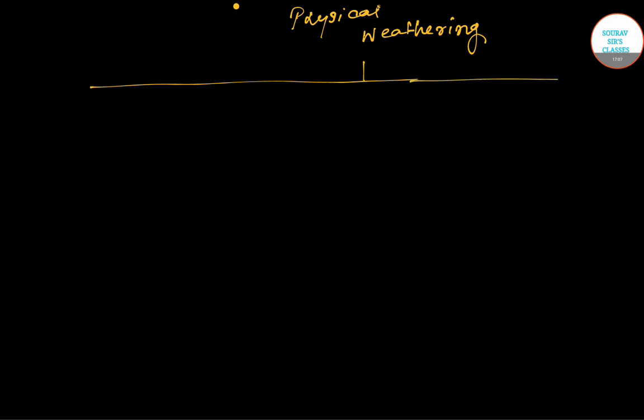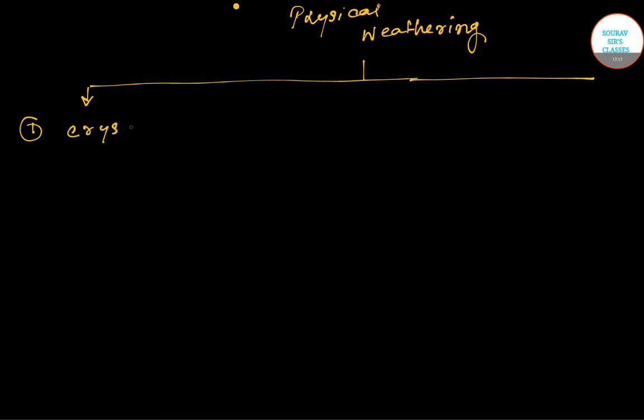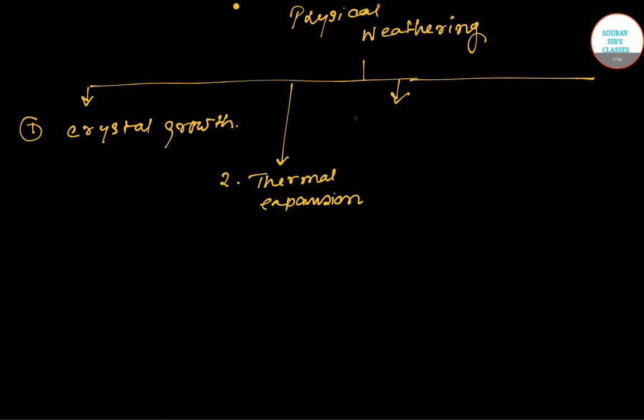Okay, the first one was crystal growth. The second one was the thermal expansion. The third one was the root wedging.